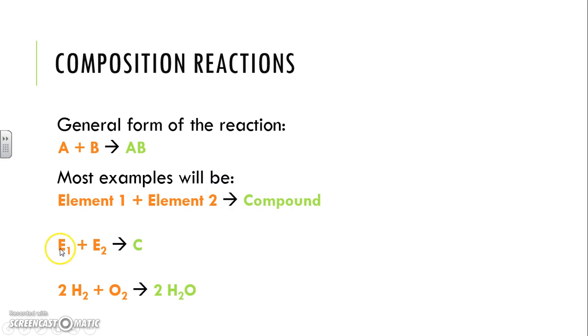And you could shorten this to E1 plus E2 equals C. There's lots of different ways to generically notate this. A specific example would be using hydrogen, H2, plus oxygen, O2, to make water, H2O. And so you've taken two things in their elemental form and turned them into a compound.